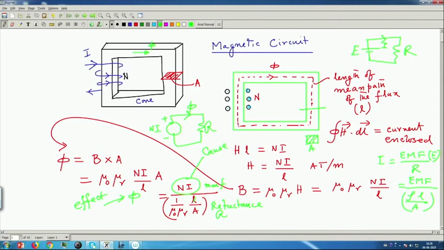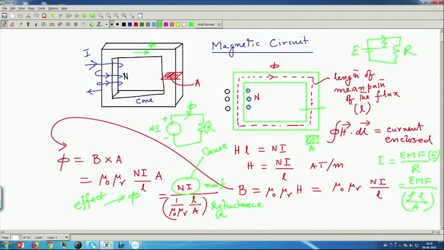Okay. The reverse problem is also very simple. In that case, I say that I want to create a certain amount of flux. What should be the current necessary? So, I will calculate reluctance.